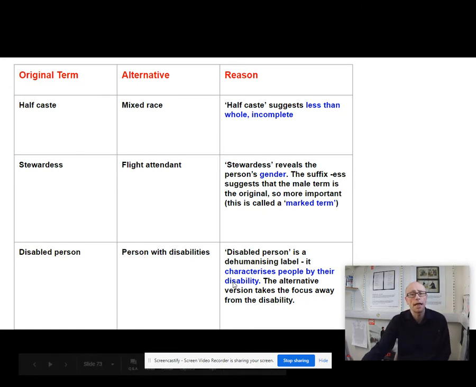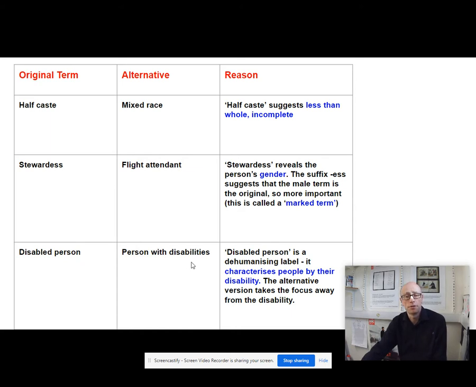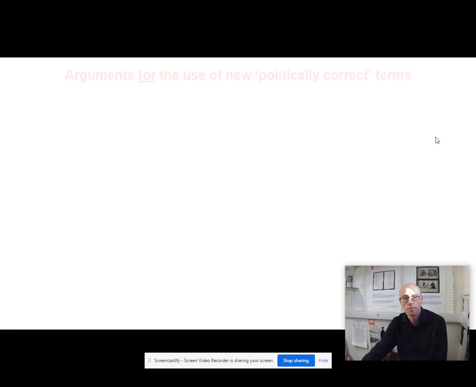So they would argue that disabled person is a bit of a dehumanizing label, and it characterizes people by their disability. And the alternative version takes the focus away from the disability. So those are three good examples of supposedly un-PC language, and here are three examples of the alternatives.